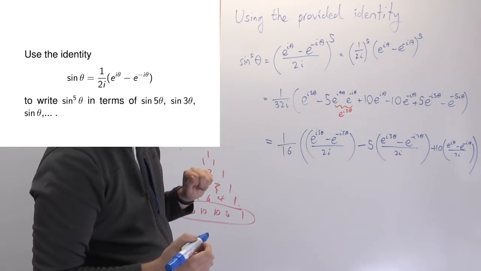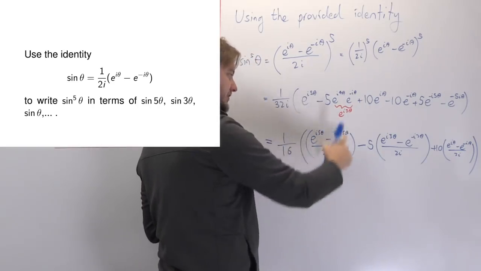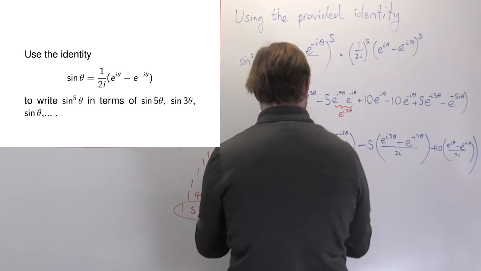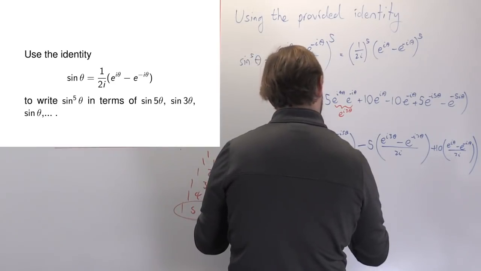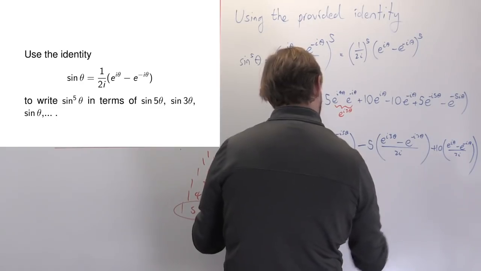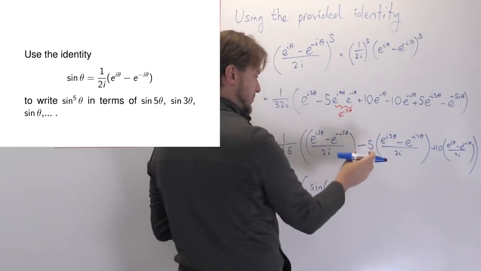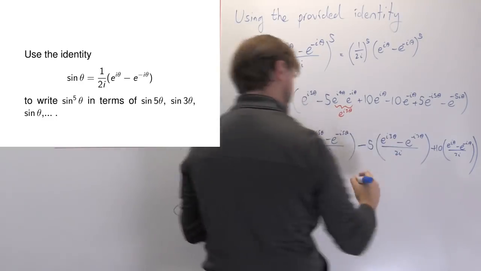Right. So this is nice because if you look at this, this is really just a sine, but with a 5 theta instead of a theta. By looking at what I have, this is the sine of 5 theta. Here I was very careful to make sure I pulled out the minus 5 to begin with, because this is just actually sine of 3 theta.